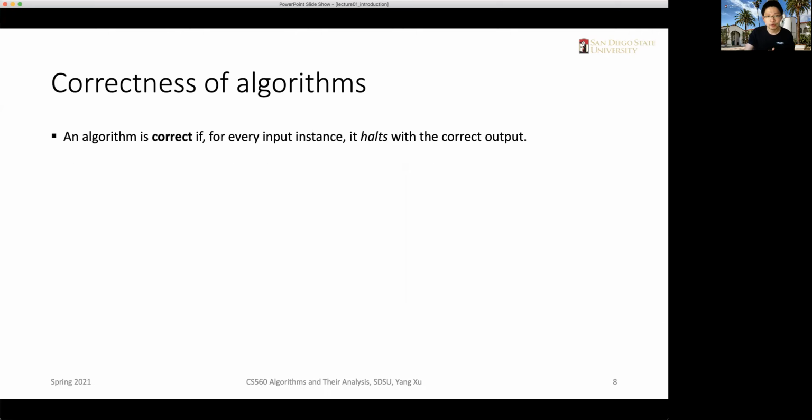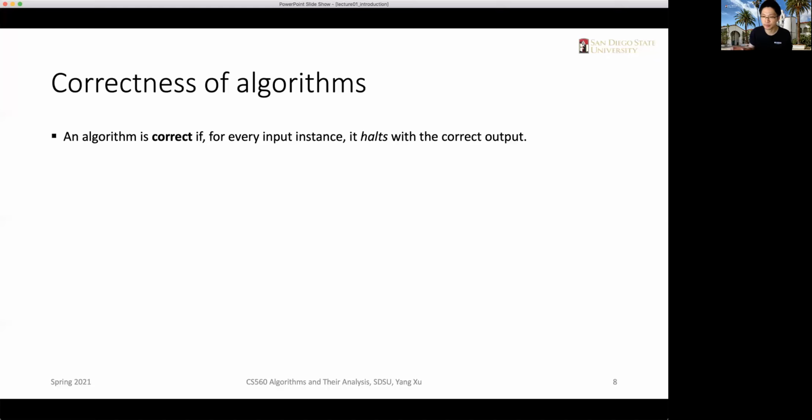But a more strict analysis of correctness requires some very formal ways to analyze the invariance in the algorithm. For example, in a sorting algorithm, there's usually some code structure like for loops or while loops involved.